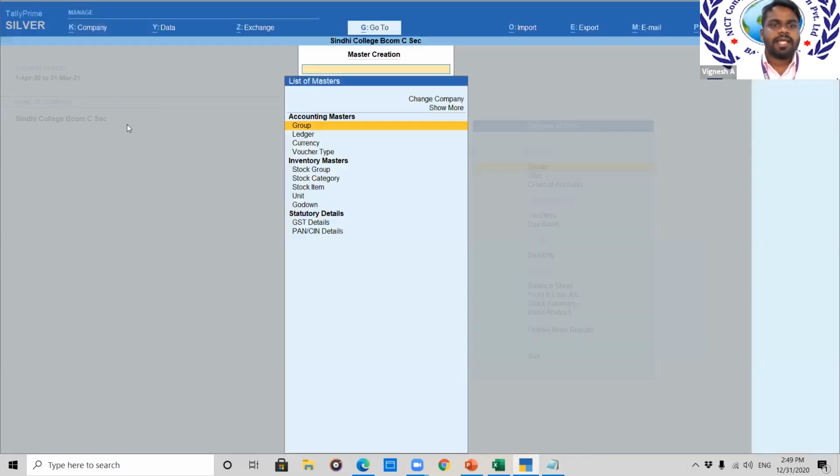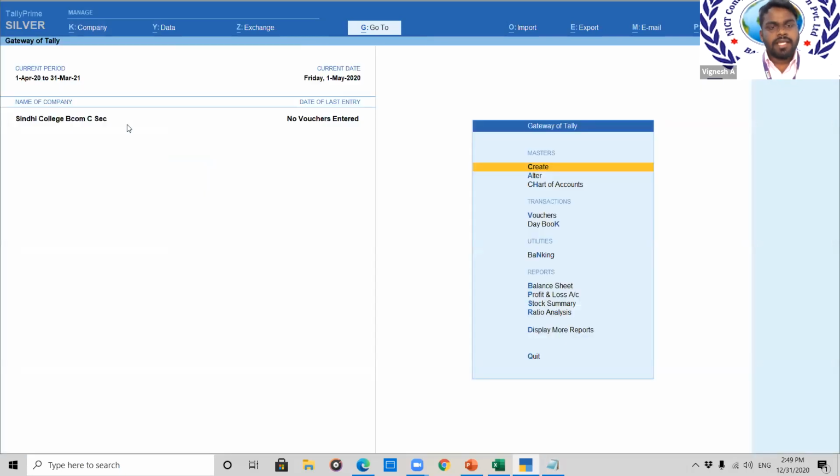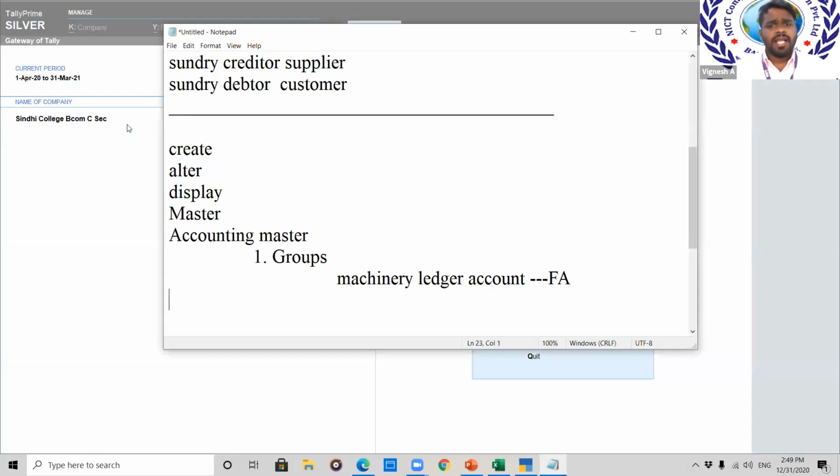As it comes to Tally, Tally tells you, as it is an accounting software, Tally knows all the accounting standards created by ICWA or any other accounting or financial institution. Tally knows perfectly what groups people will use.